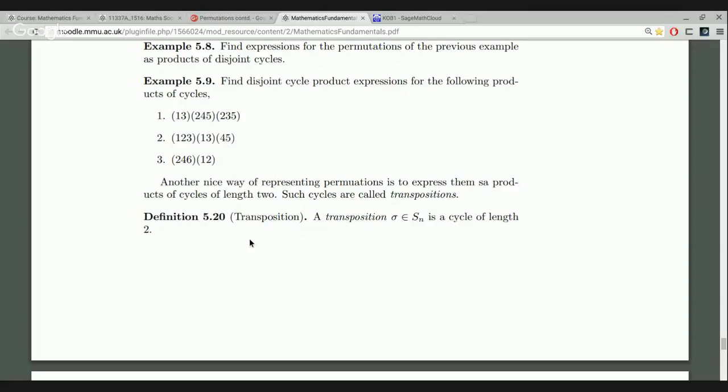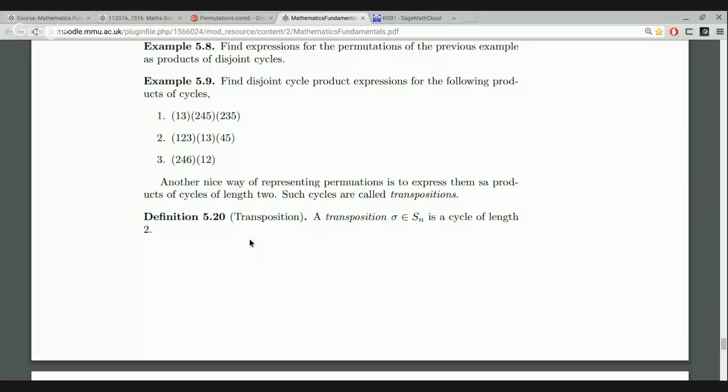So let's do one of these examples. Try example 1 there, 5.10. This is to just express the following permutation from S5 as a product of transpositions. Okay, there's a permutation. First of all, we'd maybe seek the expression for it as a product of disjoint cycles.